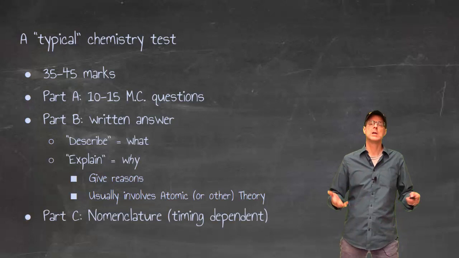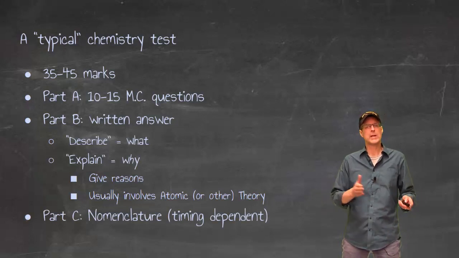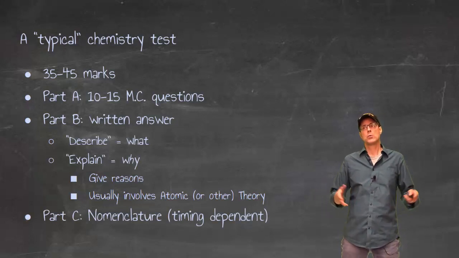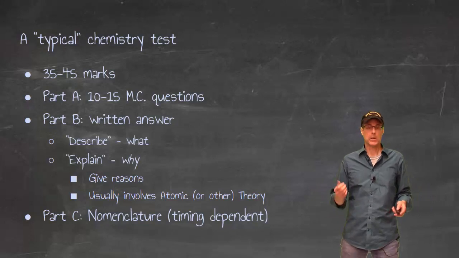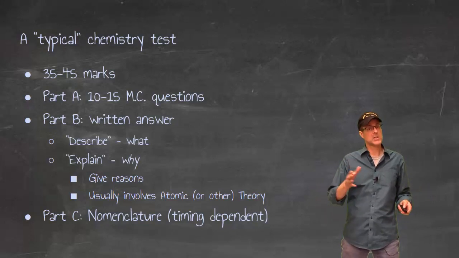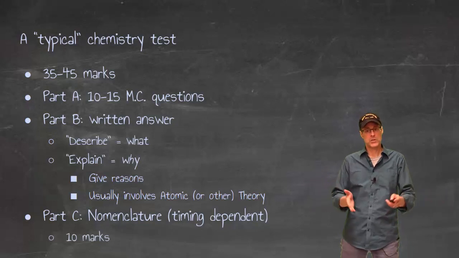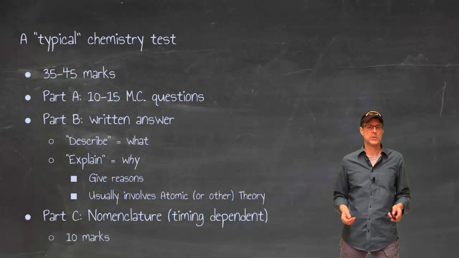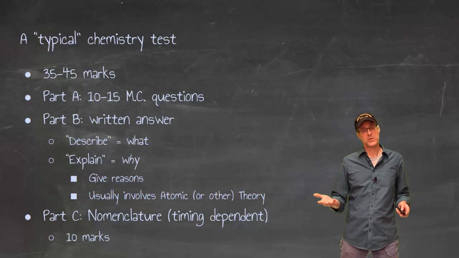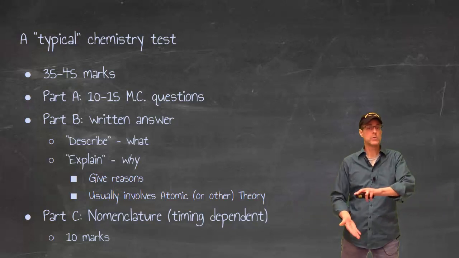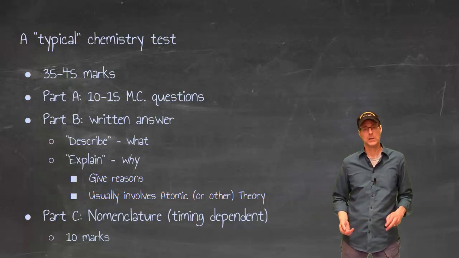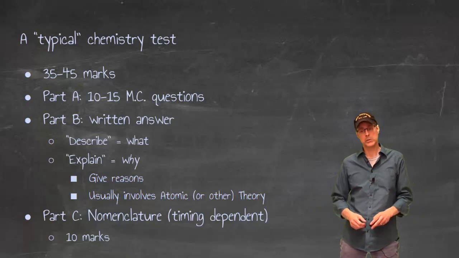And then part C depends a little bit on when in the week we're having it or what else has been going on, but there's usually going to be a nomenclature section. In the same way that you've had nomenclature quizzes, you're going to have a nomenclature section on the test, and I usually work with about 10 marks, 5 questions of each kind. So basically what I would have used as a nomenclature quiz gets dropped on the test as a nomenclature section.